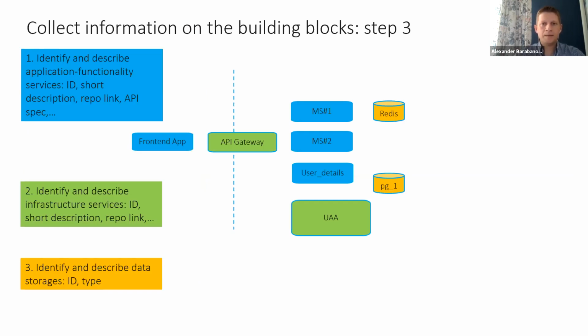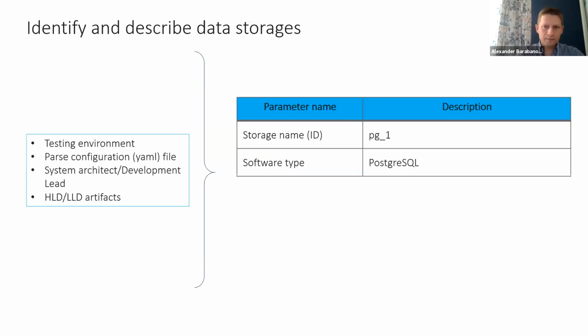The next type of building blocks you have to understand for your microservices system and collect information on is data storages. It could be a database management system, it could be a cache. Again, you should collect information related to each storage, like a storage name, for example Postgres #1 or Cassandra #2, and software type like Redis, Apache Cassandra, Postgres.